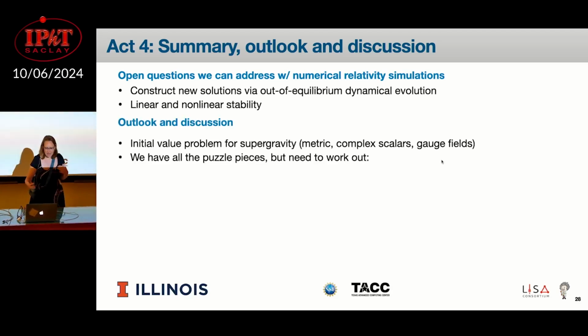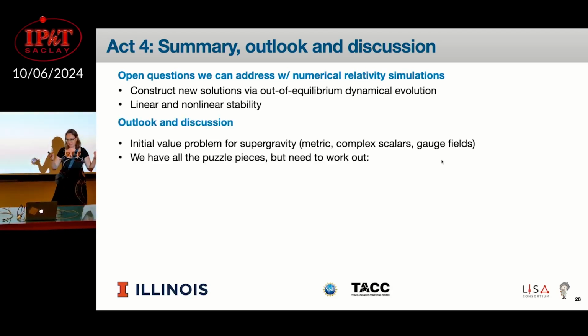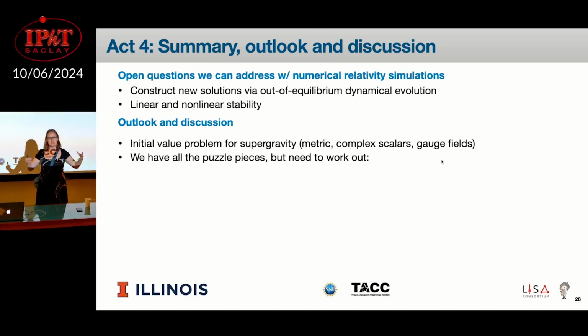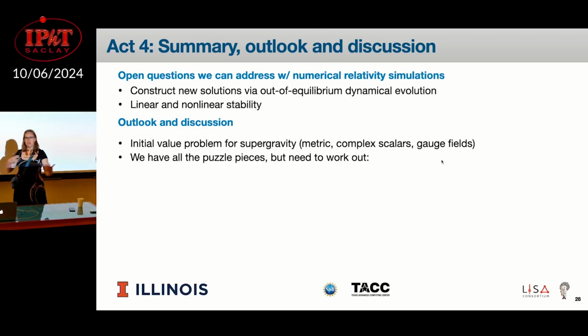And I think we have all the puzzle pieces that we need to do this. So of course it's not going to be super straight, so it's not going to be easy, but I think we know what we need to do. So it's something that we can do on a few-year timescale.